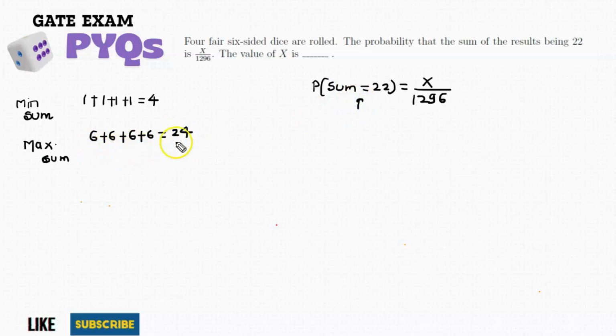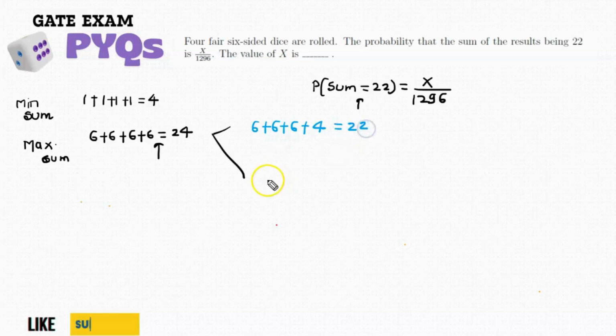So we have to consider the cases which are closer to this. So how many combinations can we make for 22? So we can have 2 cases if you think. Like we have taken 3 sixes and then a 4. In this case, we'll get the sum as 22. Or it might be the case that we have 2 sixes and 2 fives, which gives us the value as 22.